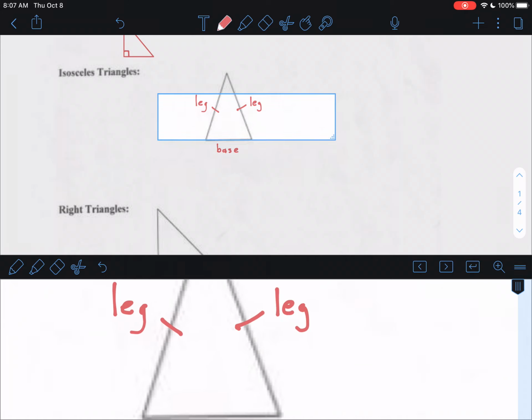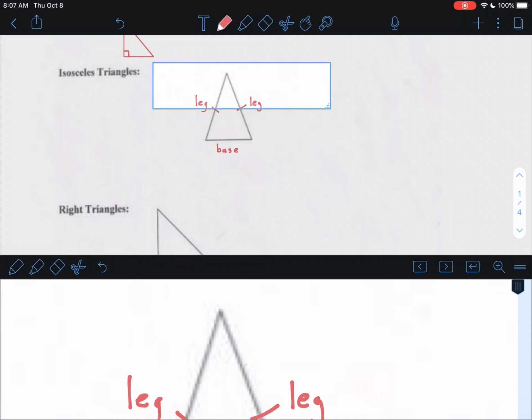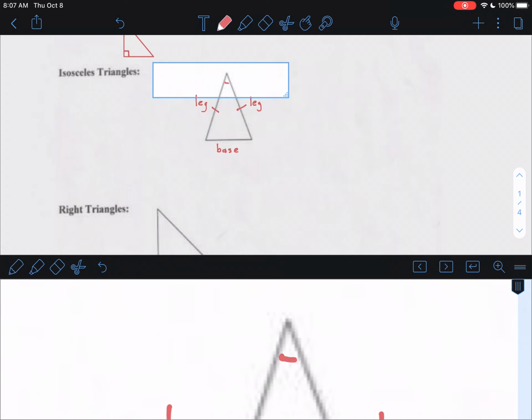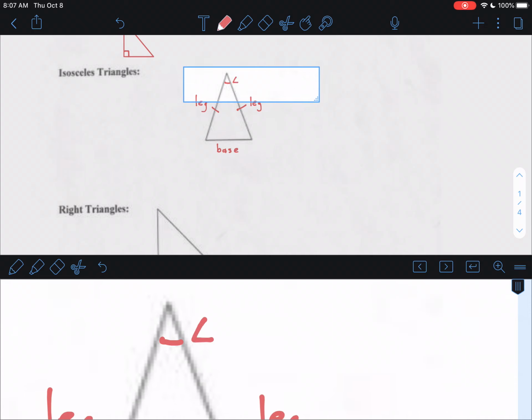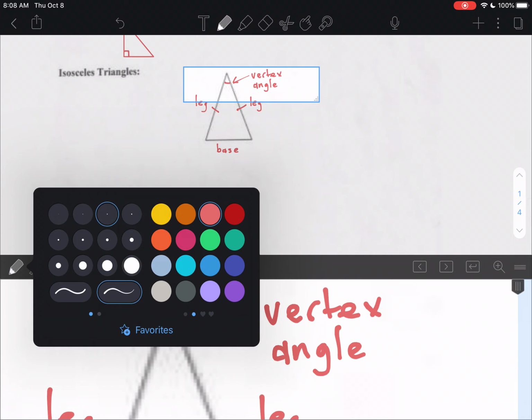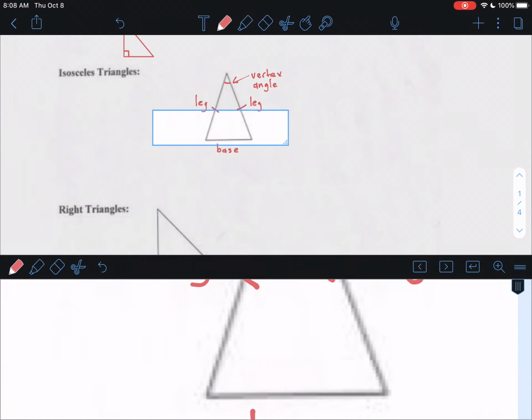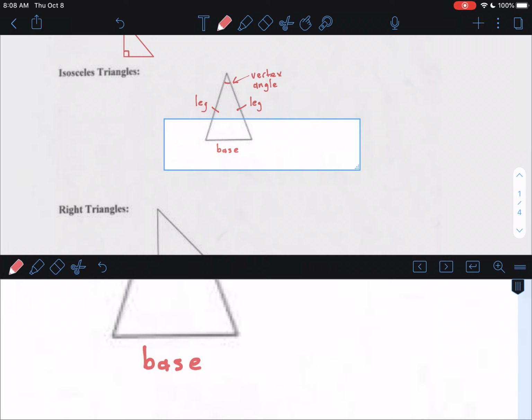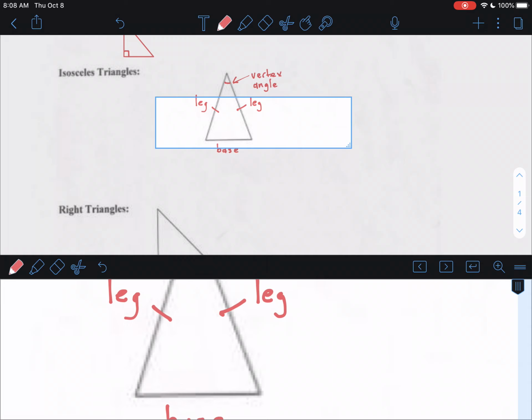The angle at the top, the angle that is across from the base, that is called the vertex angle. And then these two angles that are across from the legs.